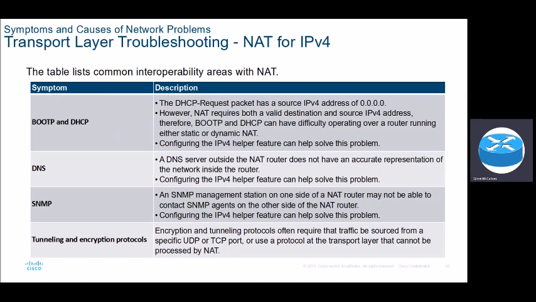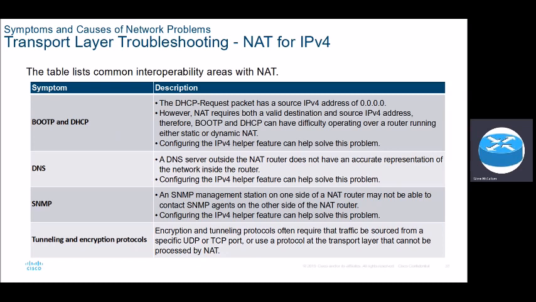So transport layer, again, we've got BOOTP and DHCP. So in other words, addressing for your host is not working well. You might need to configure an IP helper address so that the requests actually get to the server. It might be on a different subnet. DNS can be a large problem.